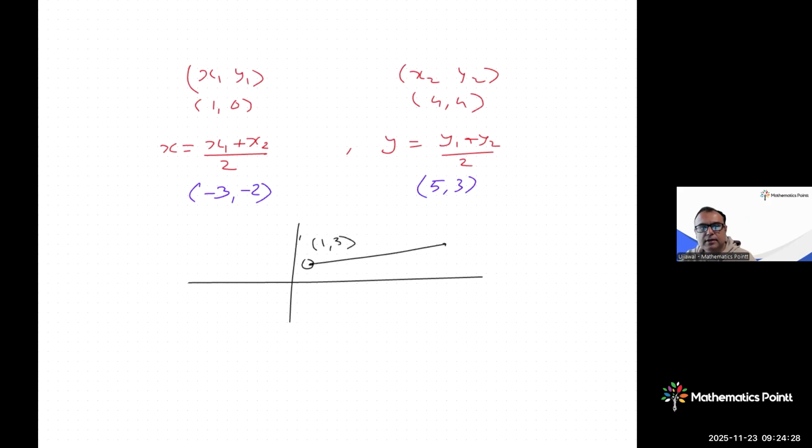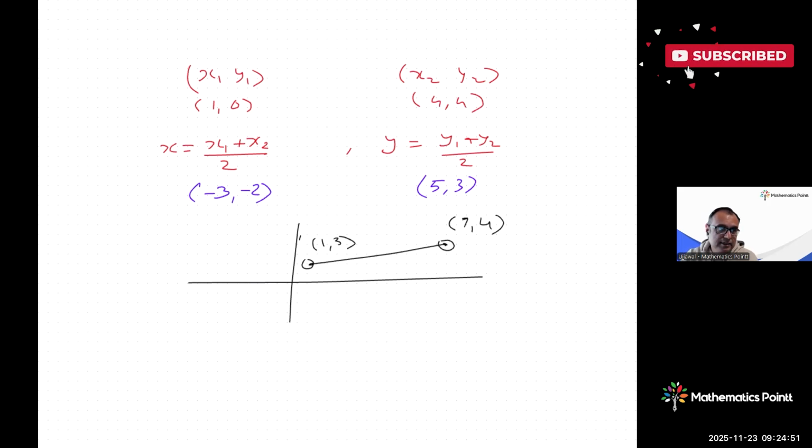This point has a coordinate of, let's say 7, 4. Now, hear me out loud and clear. I need to find not the midpoint, I need to find the length of this line. How long is this line?